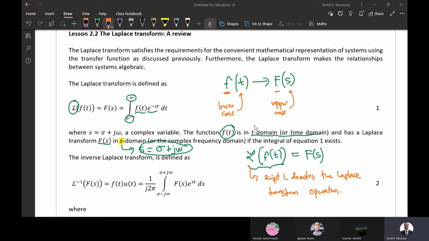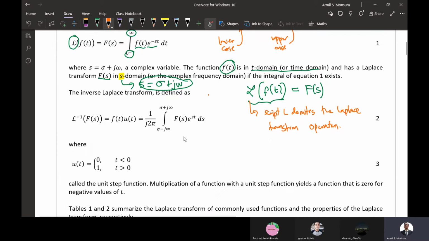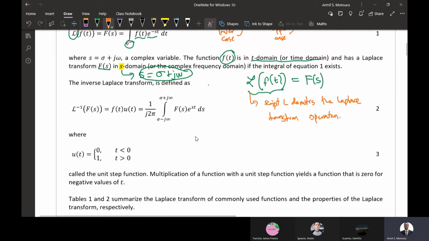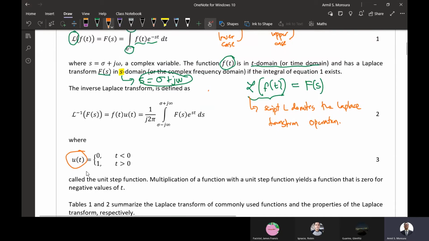Okay, now the inverse Laplace transform is defined as this one. We remember that u of t is the unit step function. This should have been discussed in your advanced math class. It is defined as 1 whenever t is positive and 0 when t is negative.